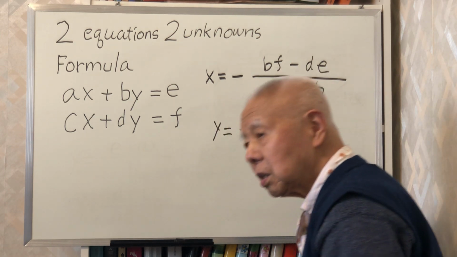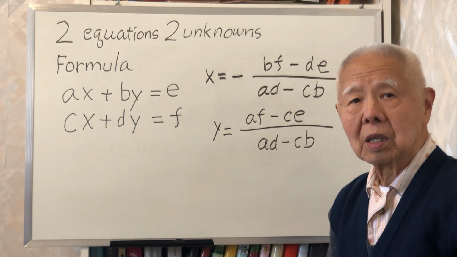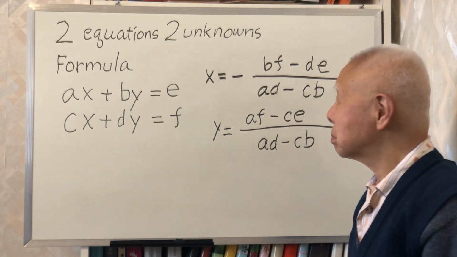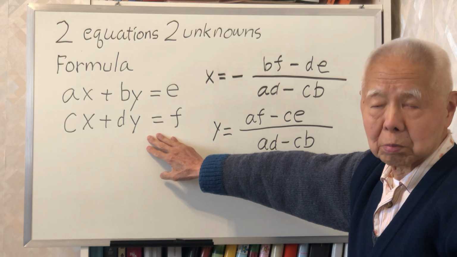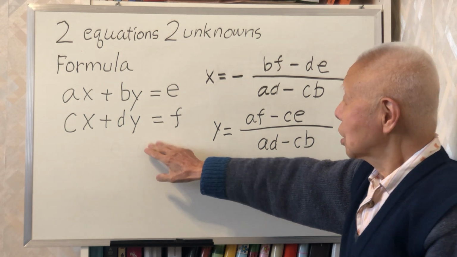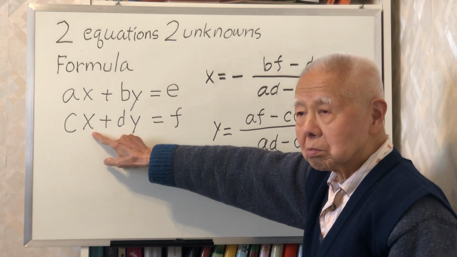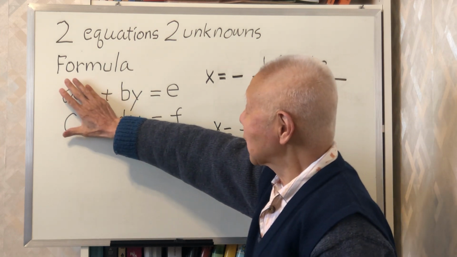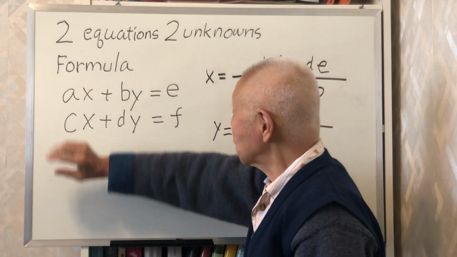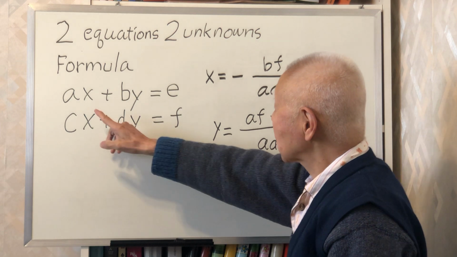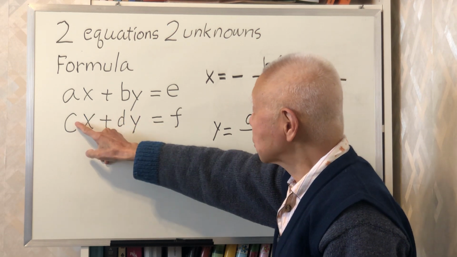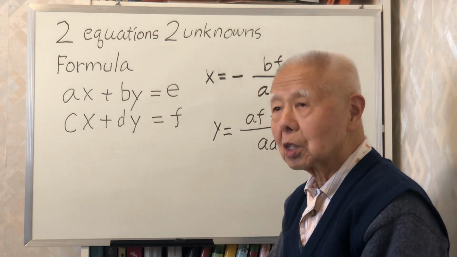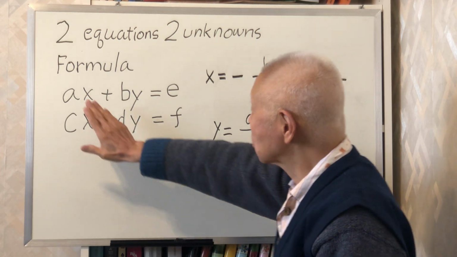So let me say it again. This is two equations, two unknowns given. What is x? Do not look at x. The denominator is AD minus CB. What is the numerator? Don't look at this.